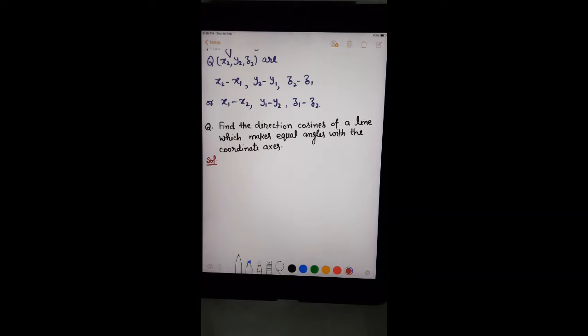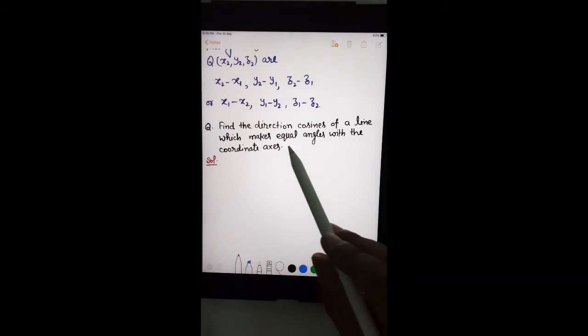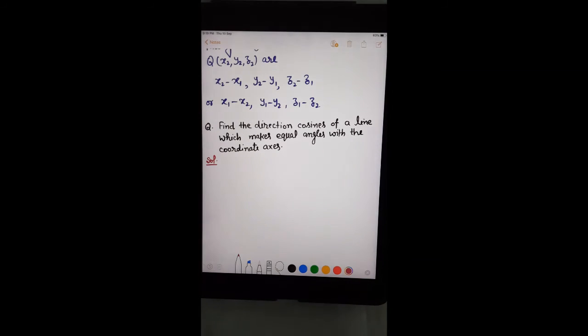Now let us take a question. It is from exercise 11.1, question number 2. Find the direction cosines of a line which makes equal angles with the coordinate axis. It means the line is making equal angles, so alpha, beta and gamma all are equal.